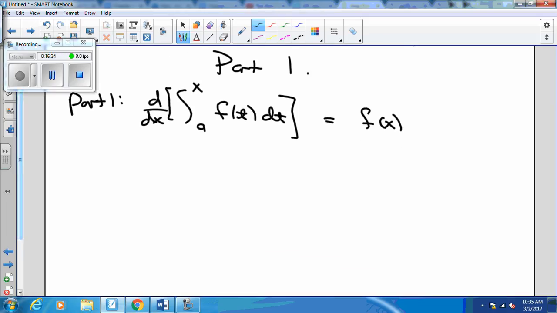I want you to have a picture. I want you to have a plausibility argument, which is not a proof, and then we're going to supply the details with the proof so you can see that it's actually good math. The picture is this.